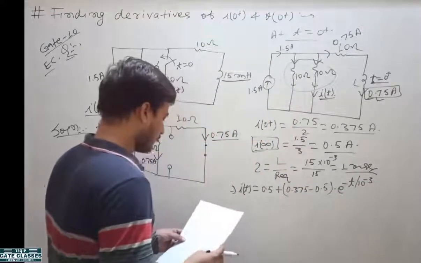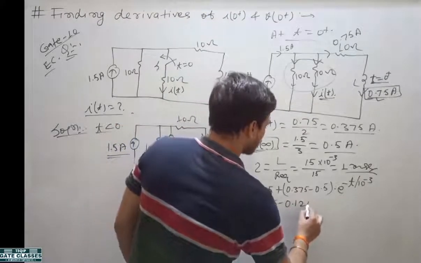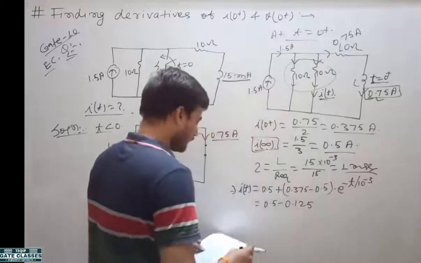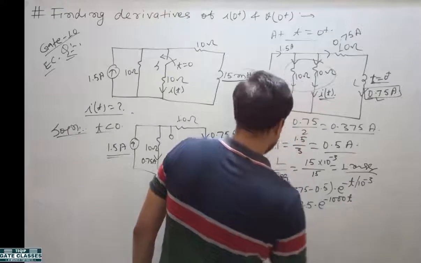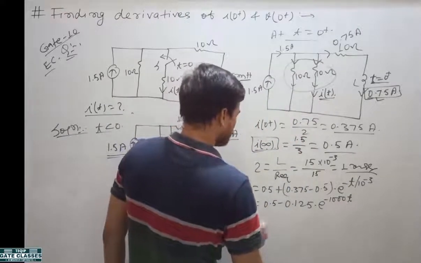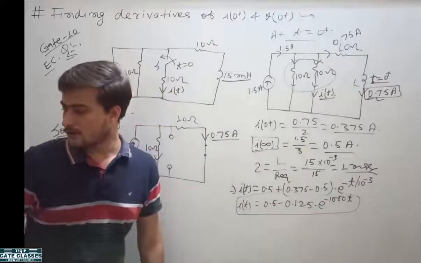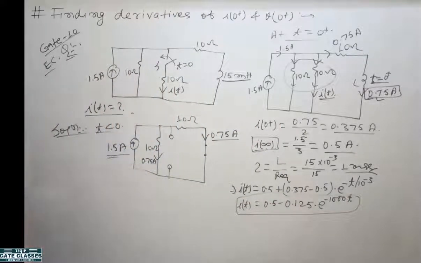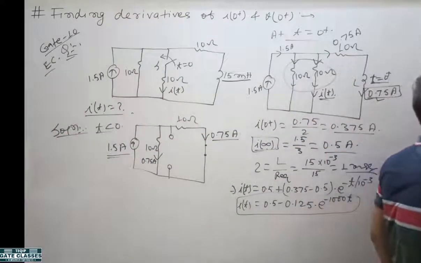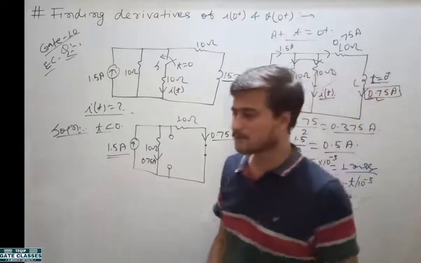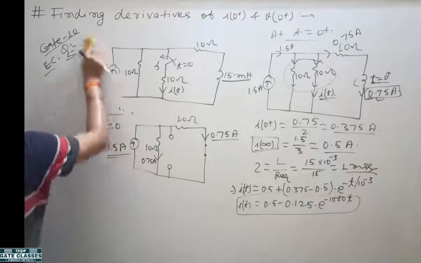So from here it is 0.5 minus 0.125 into e to the power minus 1000t. So this will be the expression for current IT. Clear? Next, let us discuss one more problem.